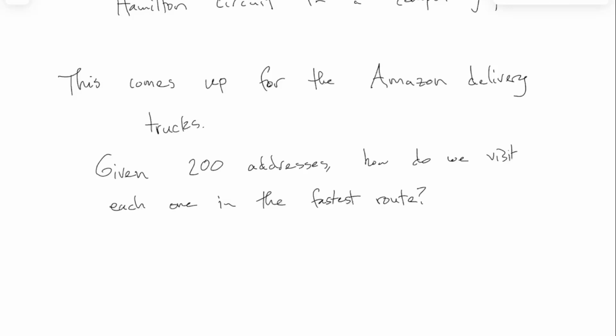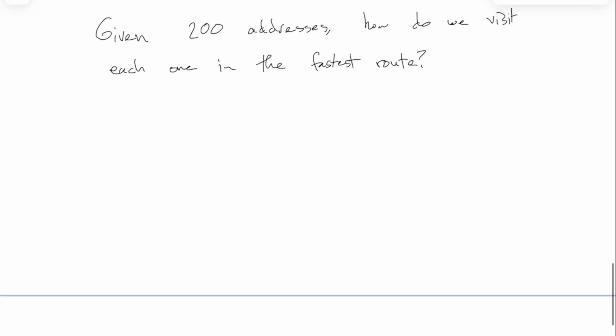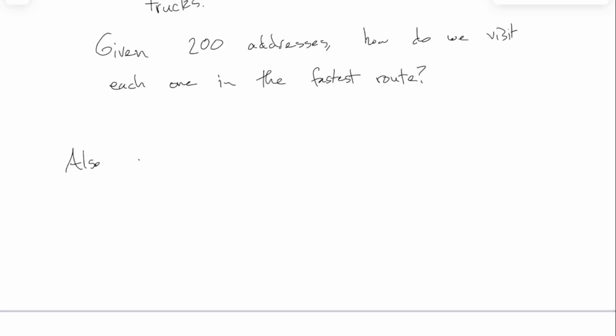Just one other application. So this is super important to people like Amazon, or it's not just Amazon. Anybody who does similar kinds of things needs to be able to plan out these routes. Also, I'll just say this also comes up in efficient computer network routing. Right?